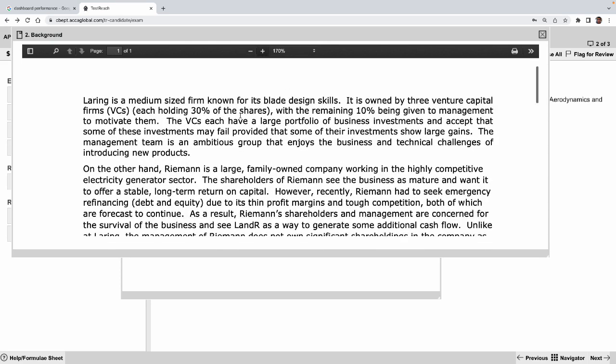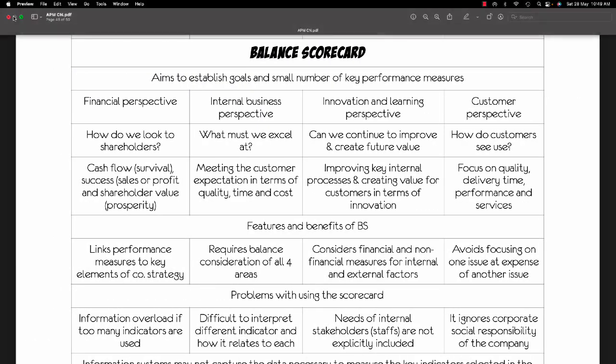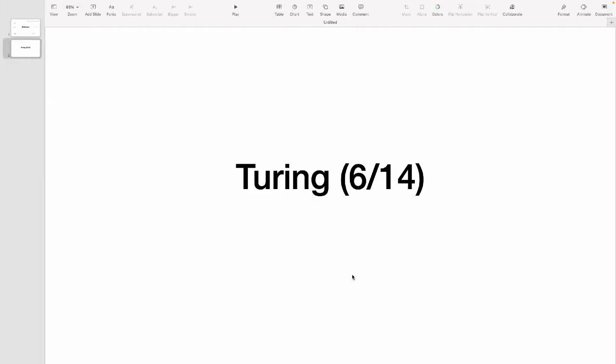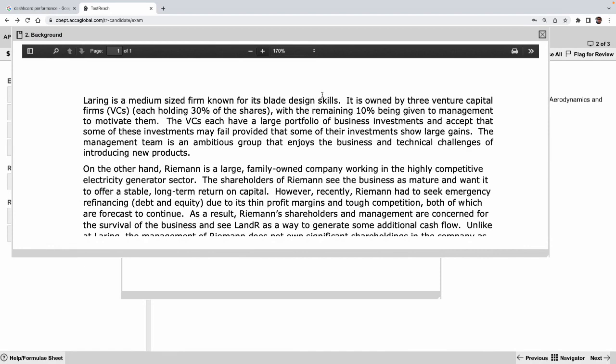Laring is a medium-sized firm known for blade design skills. So I'm going to go back into my notes. I just put Laring, blade design. Okay, let me see.